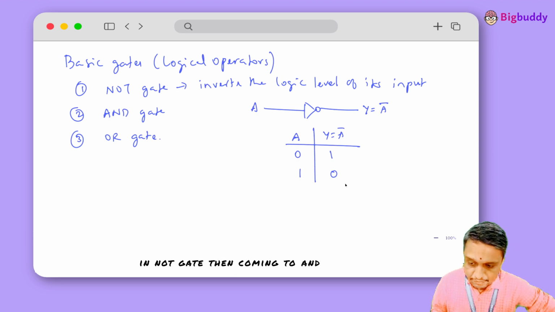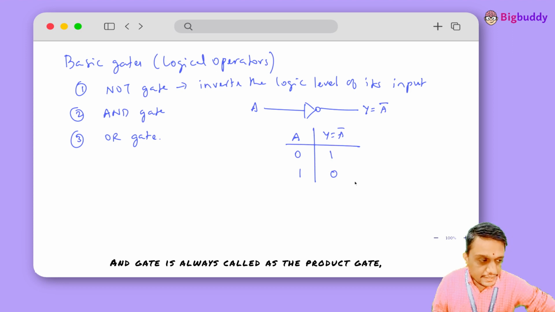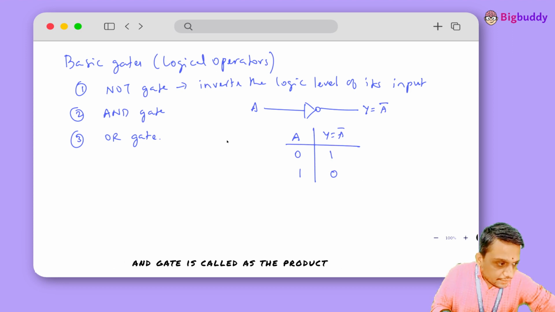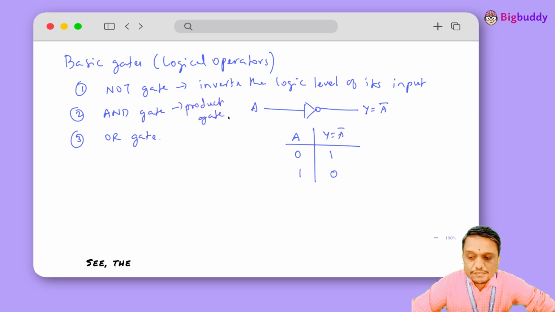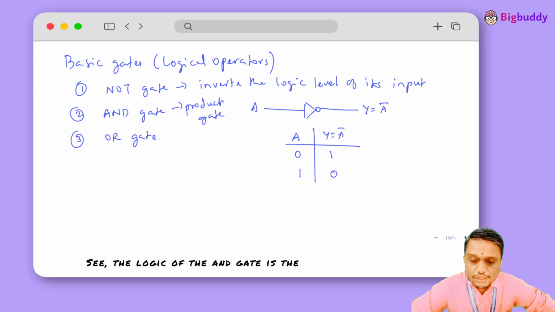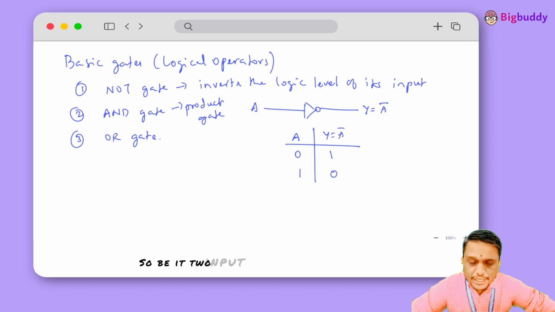Then coming to the AND gate. AND gate is called the product gate. So what is the logic of your AND gate? The output of the AND gate is high if and only if all the inputs are high. Be it a 2 input, 3 input or 4 input AND gate, whatever the number of inputs, the logic will remain the same.